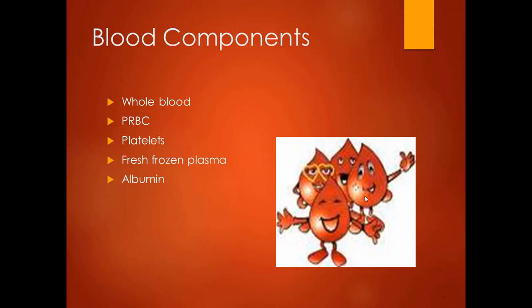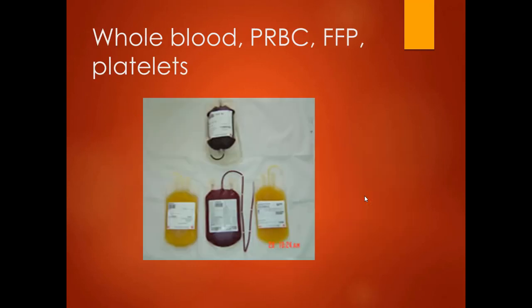An autologous transfusion, you guys will hear that, is a patient's own blood. We'll go into that further in the slides, or I think it's towards the end. So, whole blood, packed red blood cells, fresh frozen plasma, platelets. I want you guys to know what each type of blood component is given for.